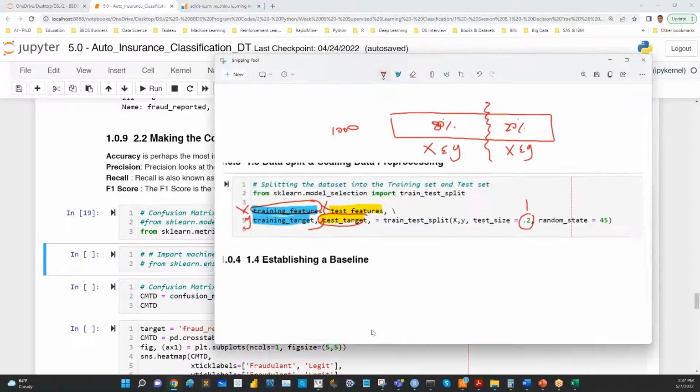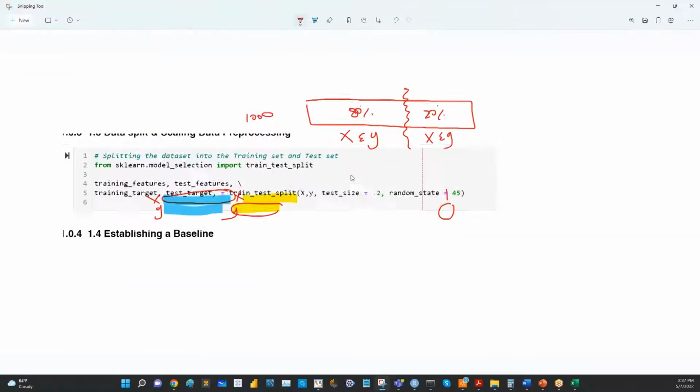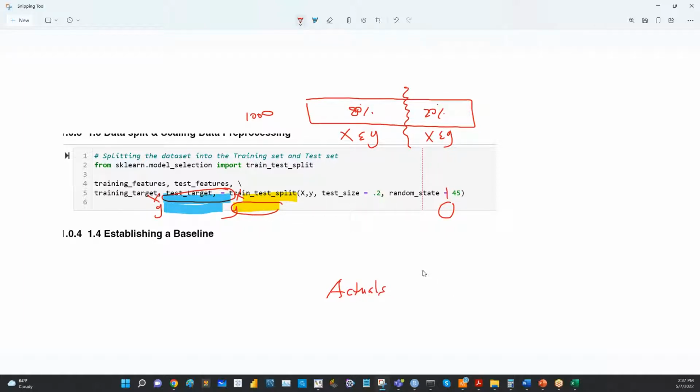And in real life, in the actuals, we have either a 0 or 1. And the prediction is going to be either a 0 or 1.